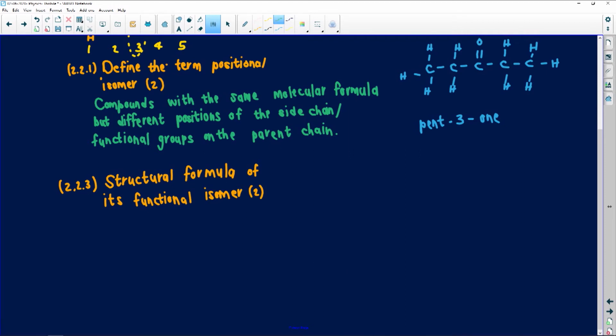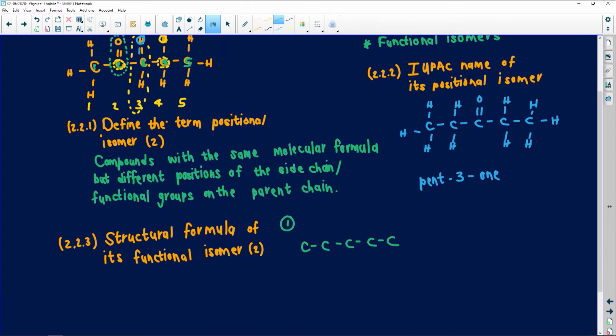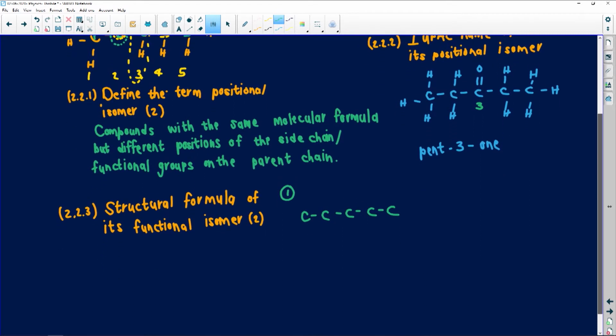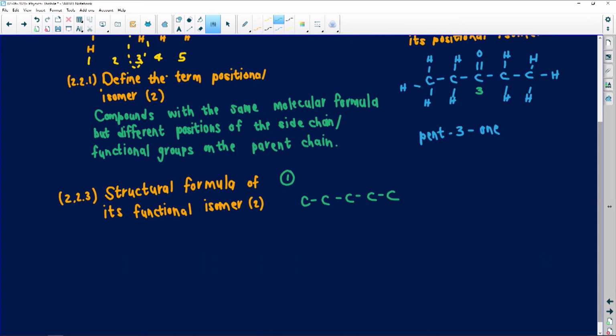So now, I'm going to do the first one. Let's see how many we can get. We have 5 carbon chains. So let's see, we have 1, 2, 3, 4, 5. Now we have to do what we haven't done. In this one, originally the O was on the 2nd carbon. This time, I put it on the 3rd carbon. So what if I put this O on the last carbon?